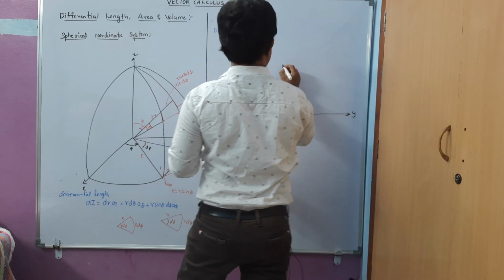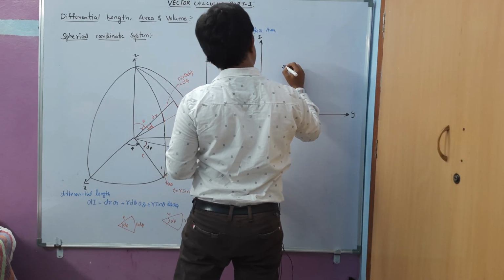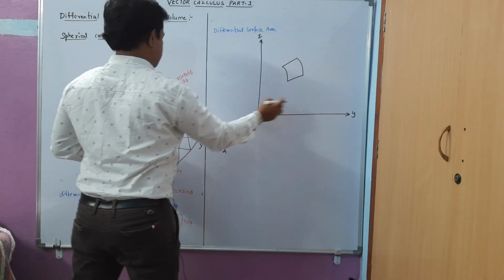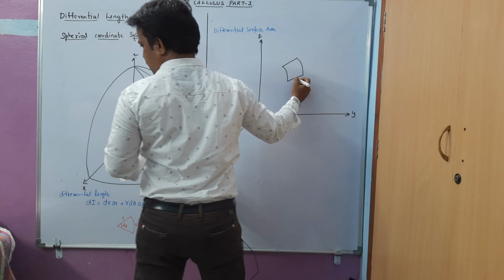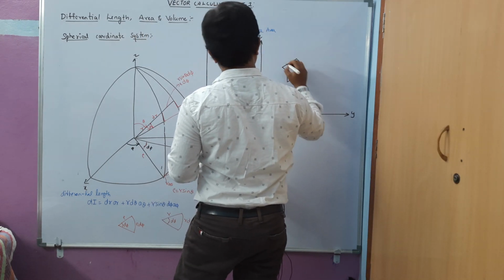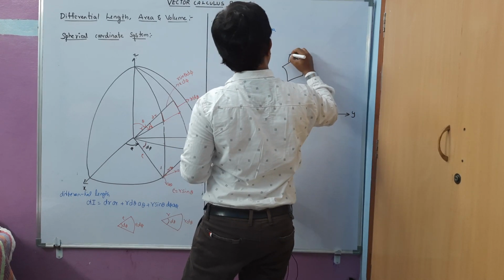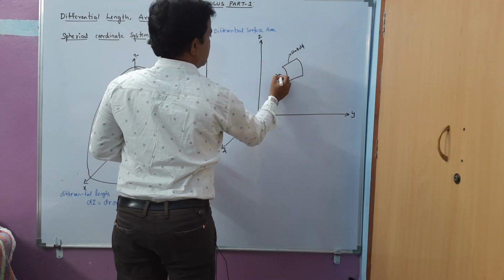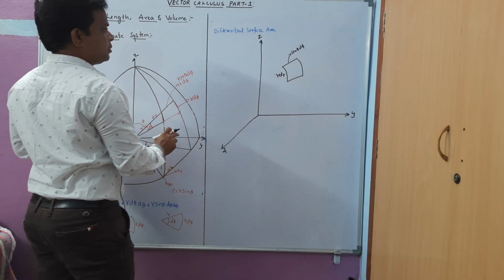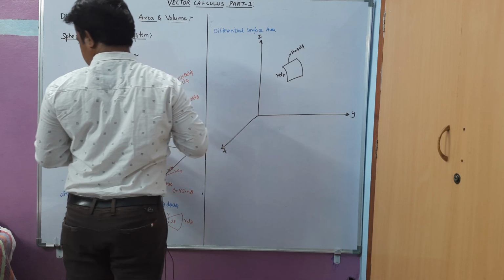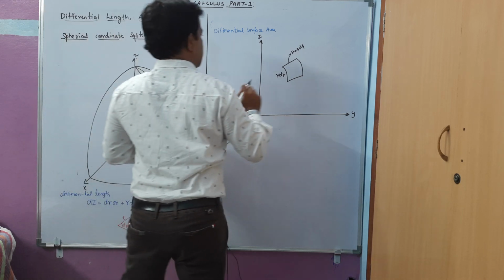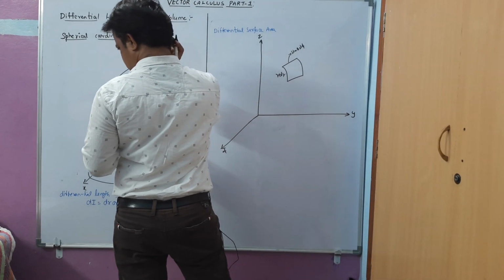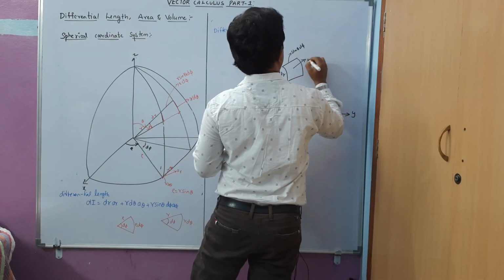Now along this direction, the displacement vector is R sin theta d phi, and this one will be R dr, along the A_R direction.